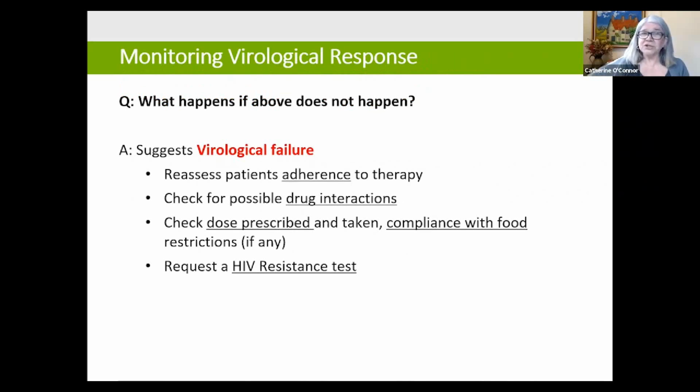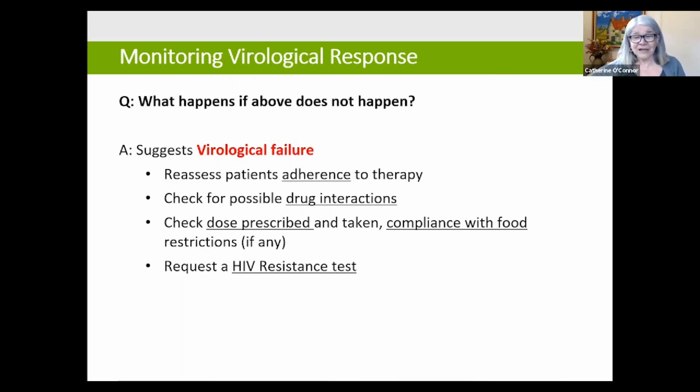Well, we need to, first of all, assess the patient's adherence to therapy. Patients will often say to us that they're taking their medication 100% as a way of pleasing the doctor and keeping everything happy in the medical relationship. However, we need to make sure that the patient is actually adherent.